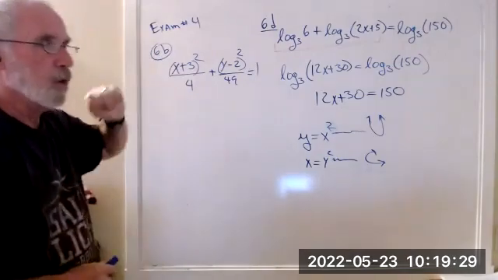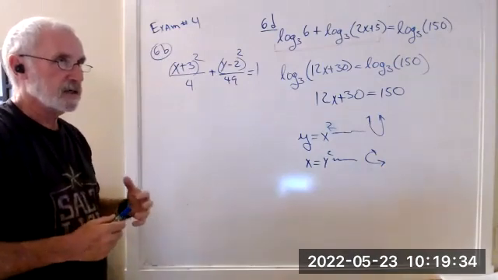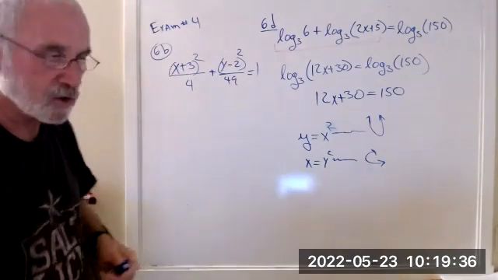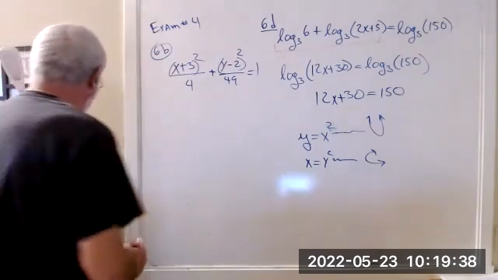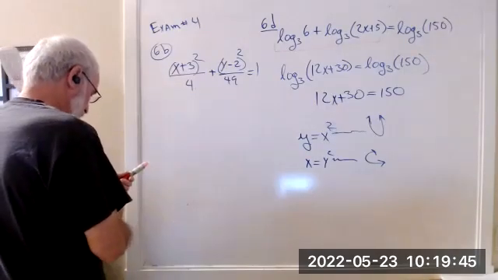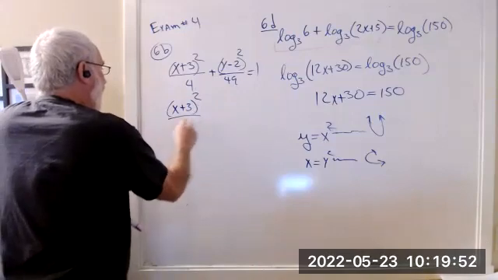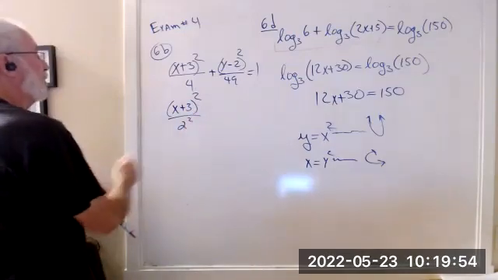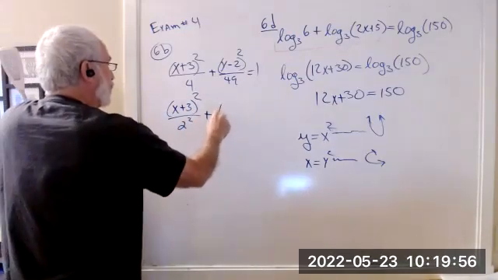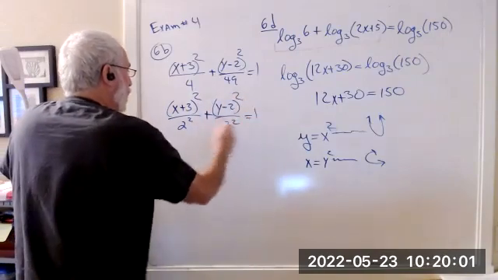Second thing on this one, what's wrong with the way it's written? It's not a big mistake, and most of you caught it. 4 and 49 are already squared. So what do you have to do to them? Square root them. Yes. So you have to rewrite it as x plus 3 quantity squared over 2 squared plus y minus 2 quantity squared over 7 squared equals 1.